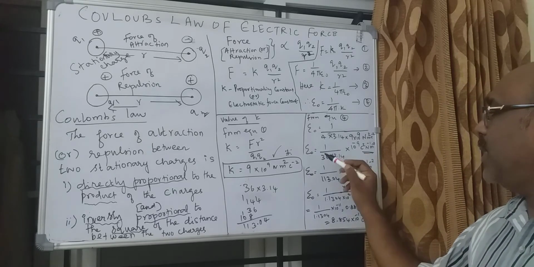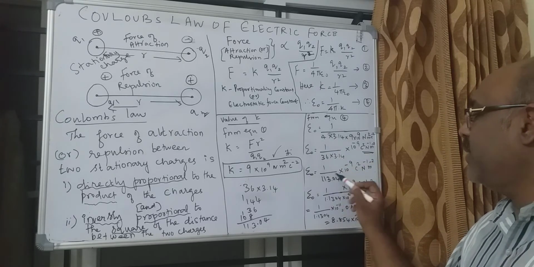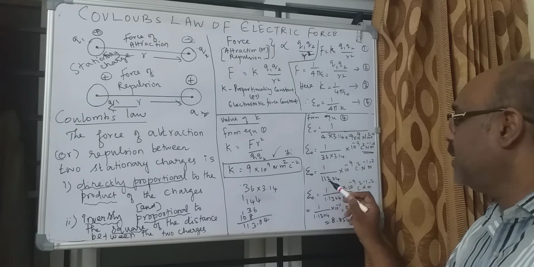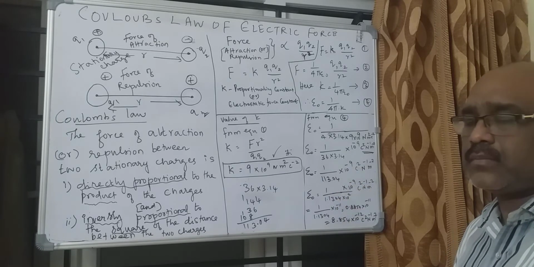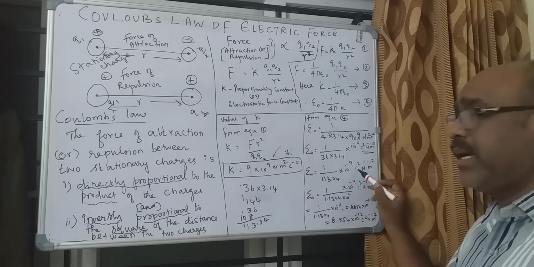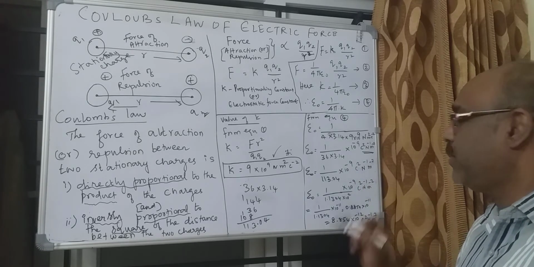So, let us now multiply these two terms. 1 divided by 36 into 3.14, where we will get 113.04 into 10 to the power minus 9 Coulomb square Newton minus 1 meter minus 2.